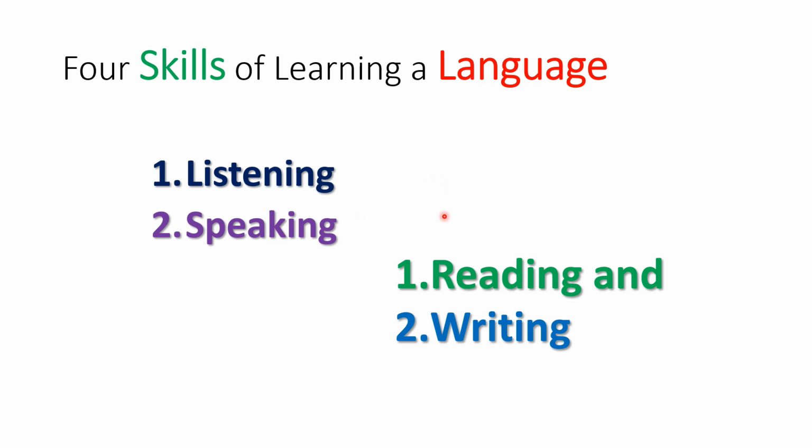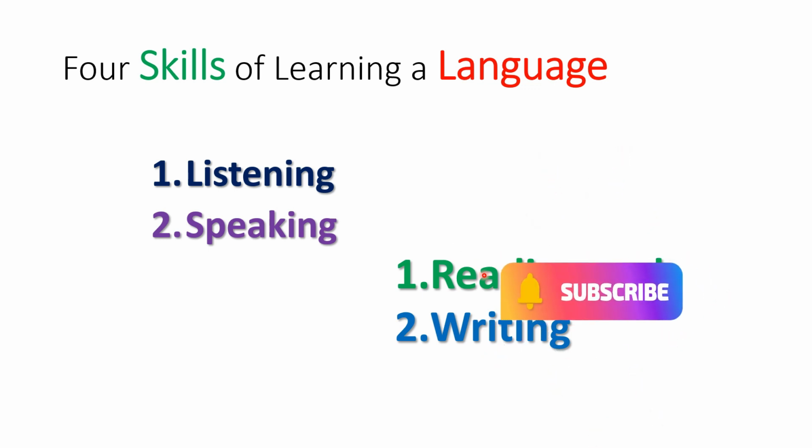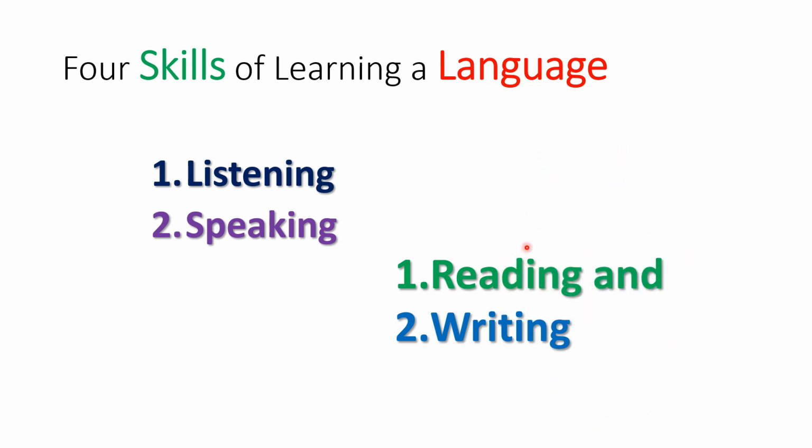And the second 2 skills are for the advanced level, reading and writing. If you want to be a literate person, and if you want to learn the language by studying that language, you have to follow these 2 skills. By reading different kinds of books, articles, newspapers, story books, drama, novels, again and again, you can develop your reading skills.